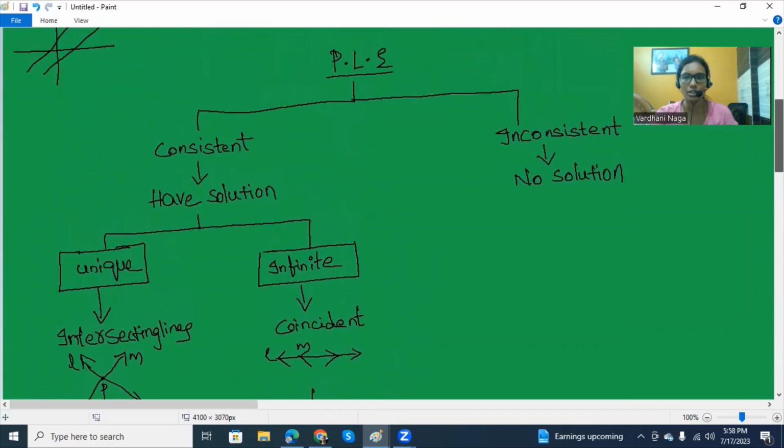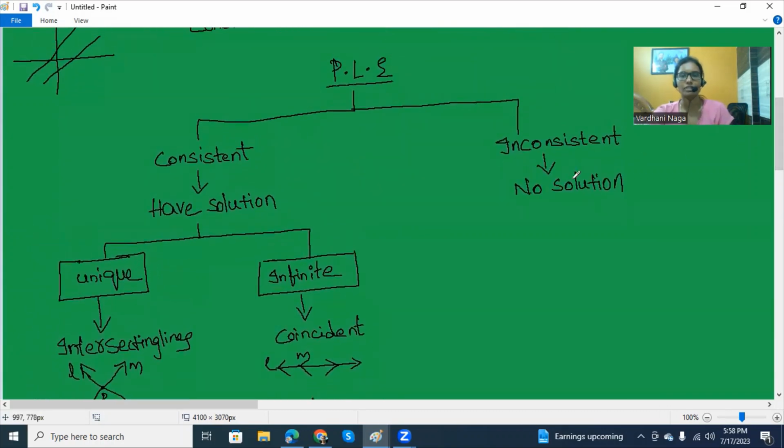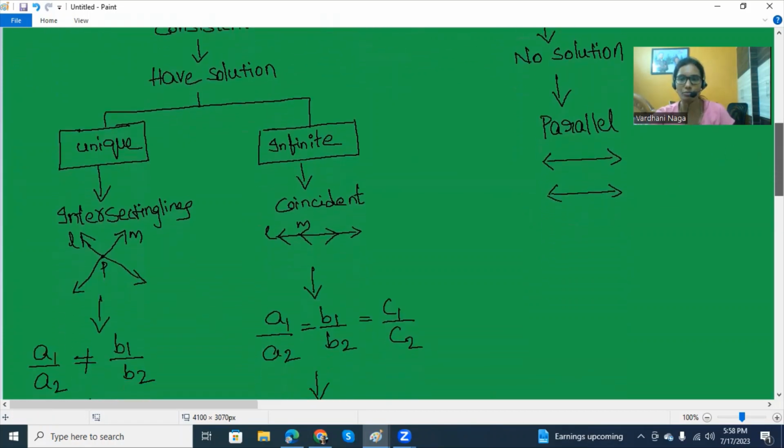Now coming to the inconsistent part. Inconsistent means no solution. Then how are the lines in this case? When we draw the graph, the lines are parallel. Parallel lines means they will not touch anywhere. They won't have any common point. You cannot draw out any solutions from this.